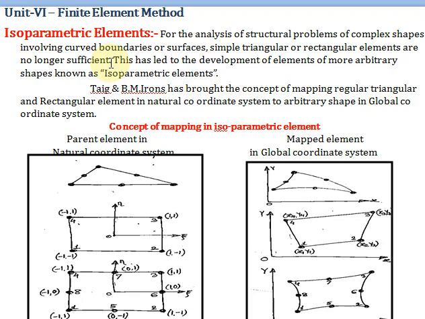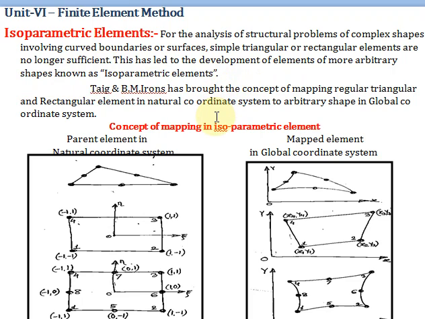Okay, so if the structures involve complex shapes having curved boundaries or surfaces, the simple triangular or rectangular elements are no longer sufficient. So this has led to the development of elements having arbitrary shape, known as isoparametric elements.